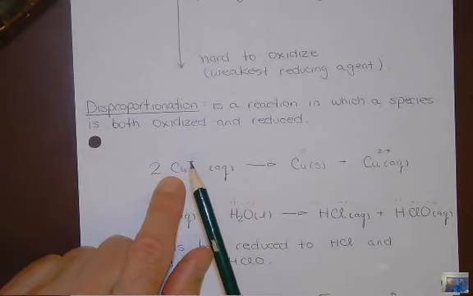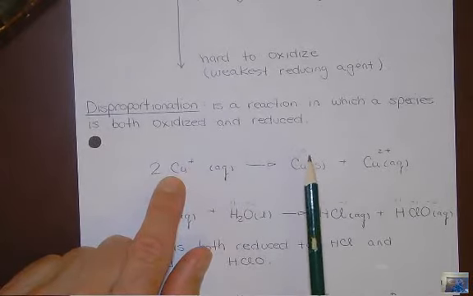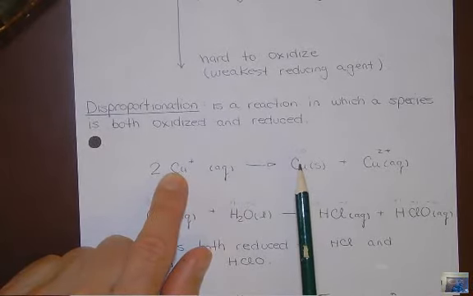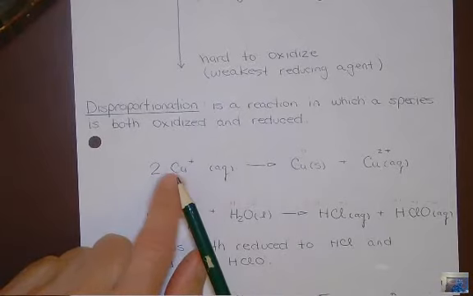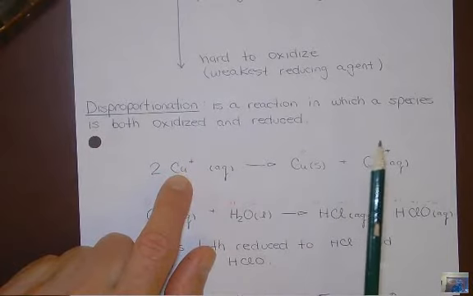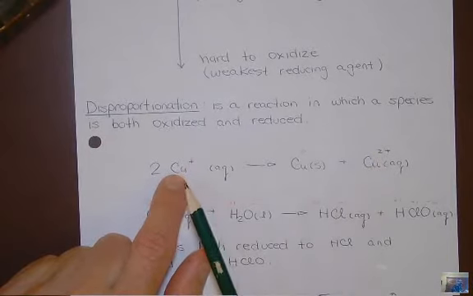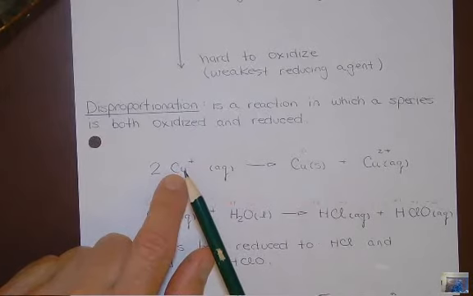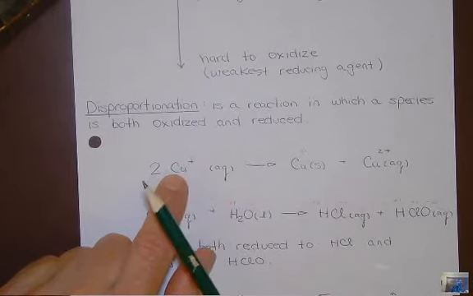One of them is going to go from copper plus 1 to copper 0. Well, that is a reduction. I have to gain an electron to do that. And the other of the two coppers is going to lose its electron and get oxidized to copper plus 2. Well, how did that happen? The two of them, one of them smashed into the other, and one stole an electron from another.